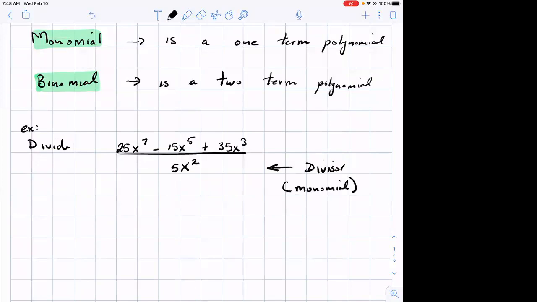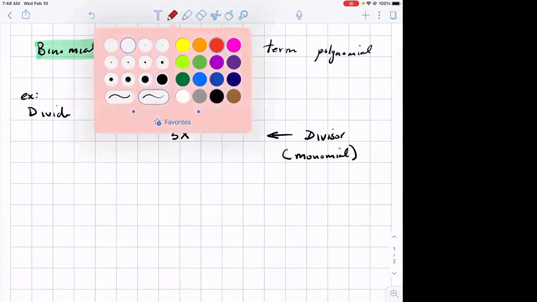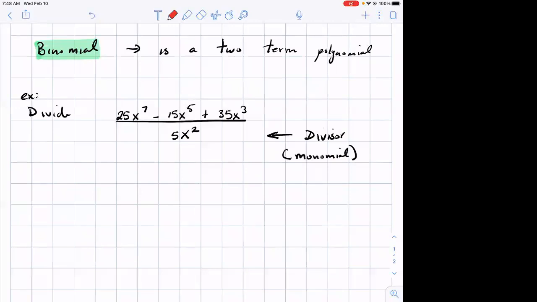And it makes a big difference to observe this, because whenever your divisor is a monomial, we can rewrite the polynomial and separate it into terms. This only happens when the divisor is a monomial.